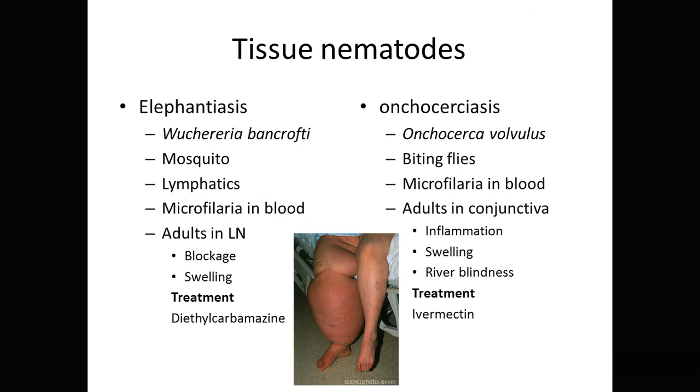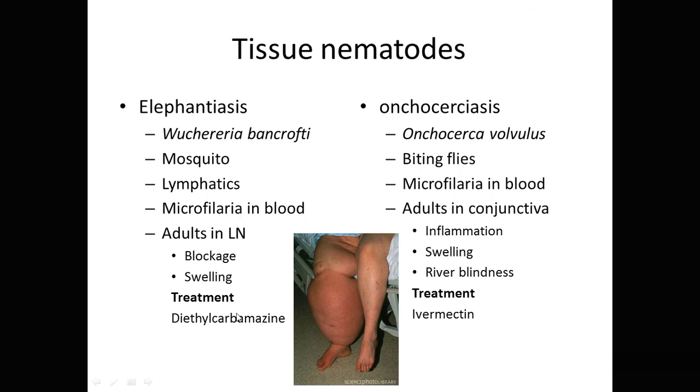In the lymphatic system, the adult worms develop, and adult worms can block the lymphatic system and lead to accumulation of the fluid and swelling. And of course, the larvae can circulate in the blood and can be again taken up by mosquitoes.